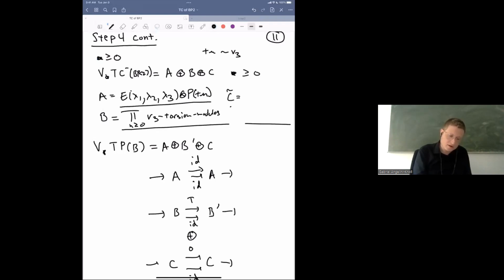And then the C part, I claim we don't actually have to understand too well, at least for the purposes of the talk. So this doesn't contribute to TC.